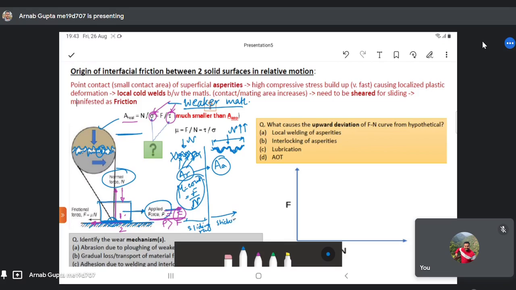Why sticking? Because due to higher normal force, the material has tried to stick to the other material.